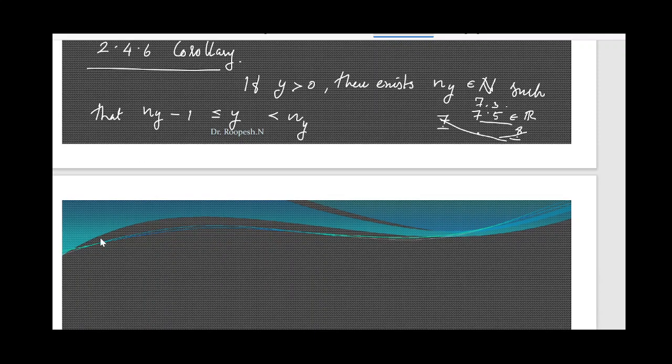Proof: consider the subset E_y. E_y is equal to the set of all m belongs to N such that y is less than m.